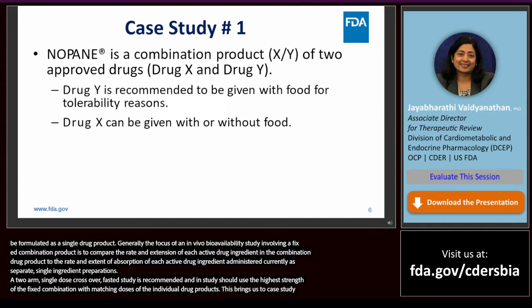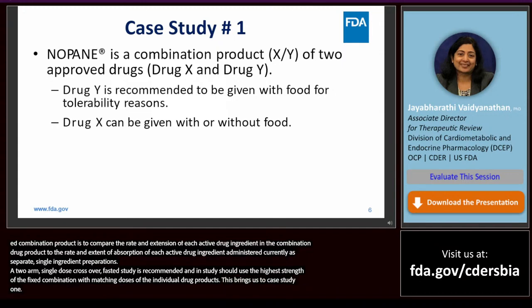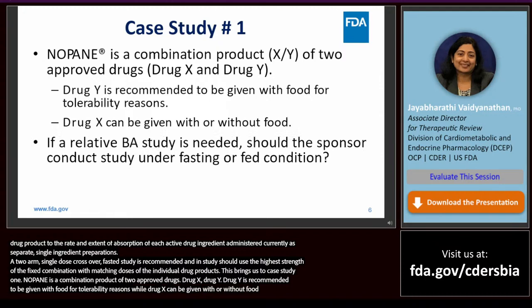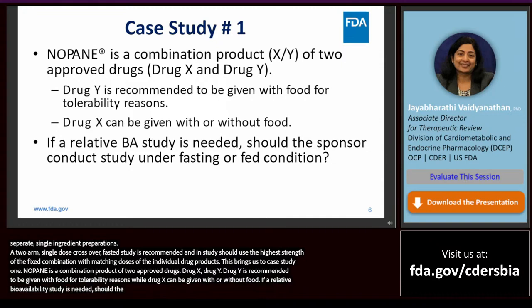No Pain is a combination product of two approved drugs, drug X and drug Y. Drug Y is recommended to be given with food for tolerability reasons, while drug X can be given with or without food.